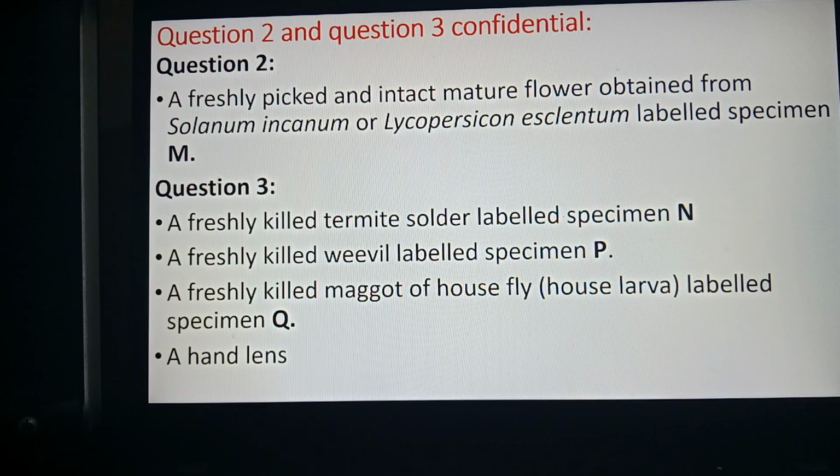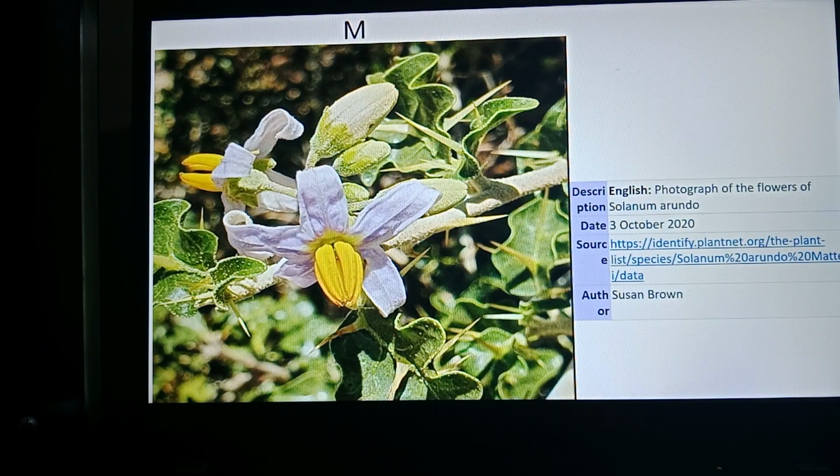Question 2, you are required to have a freshly picked and intact mature flower obtained from Solanum incanum or Lycopersicon esculentum, recorded as specimen M. Question 3, a freshly killed termite soldier, recorded as specimen N. A freshly killed weevil, recorded as specimen P. A freshly killed maggot of housefly, recorded as specimen Q, and then you require a hand lens. So that is the flower for question 2.